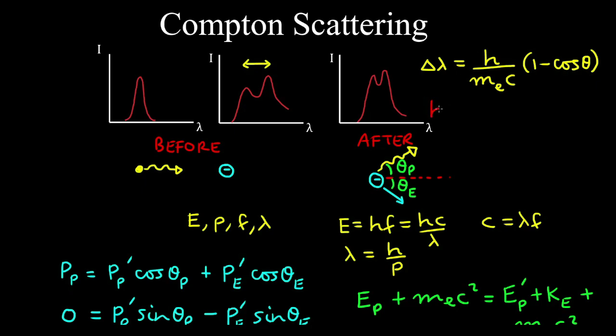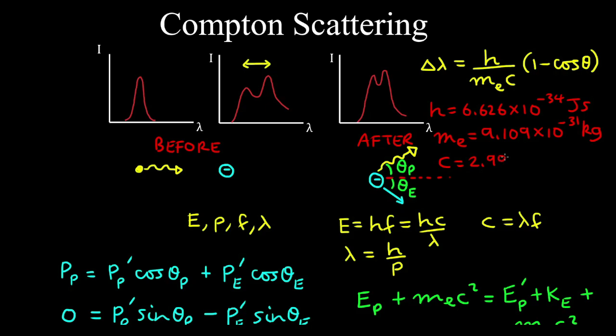So if you make some substitutions, Planck's constant was 6.626 by 10 to the minus 34 joule seconds, and the mass of an electron is 9.109 by 10 to the minus 31 kilograms, and the speed of light was 2.998 by 10 to the 8 meters per second.